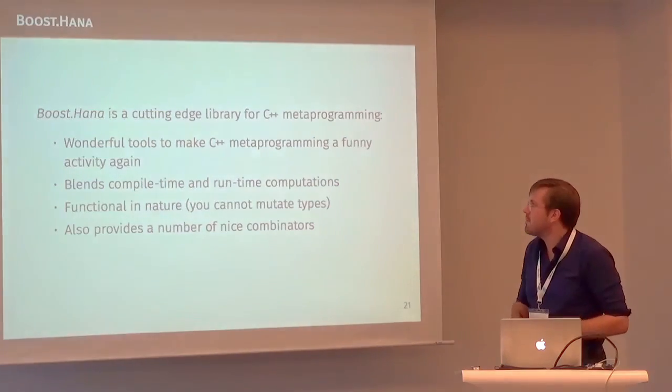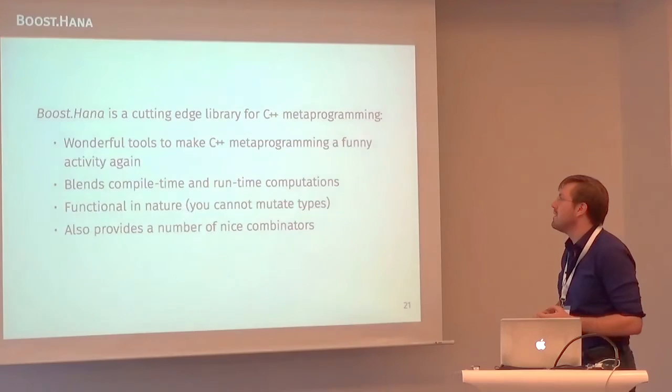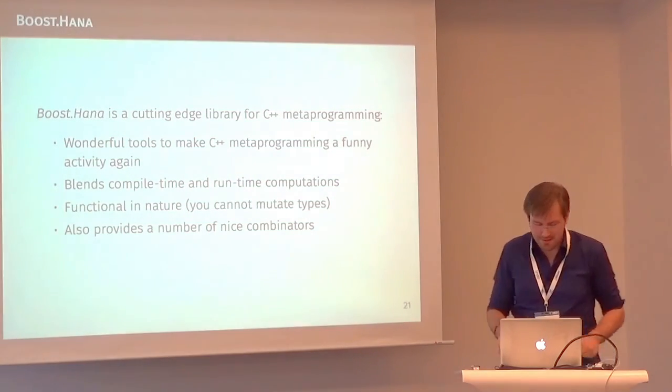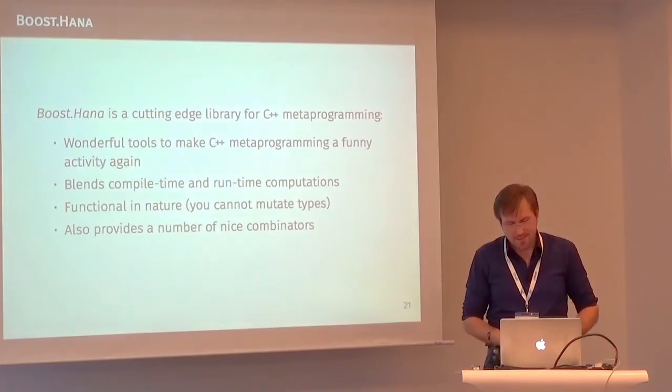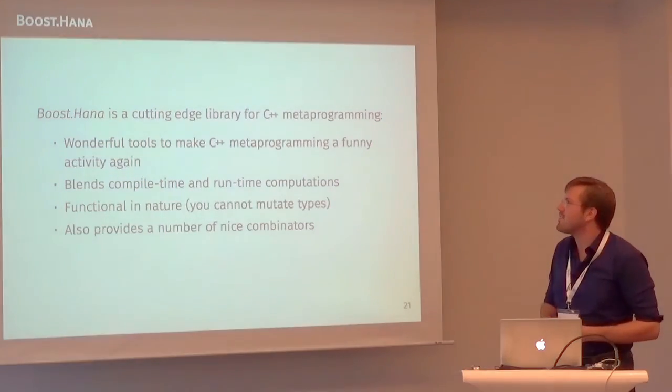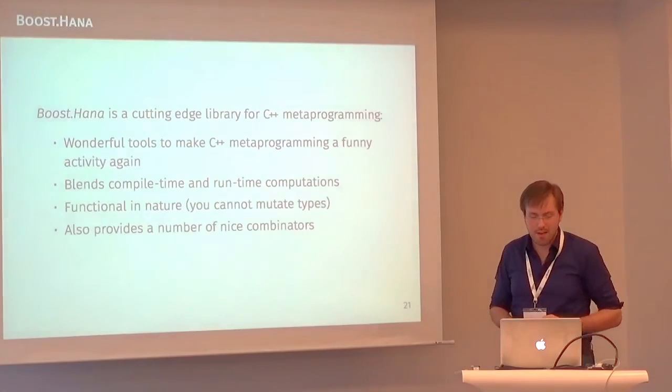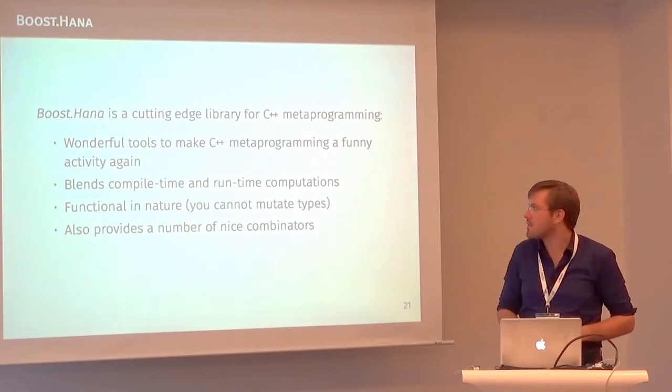Okay, to make other examples, I'll take a look at this library. This is a wonderful library. It's black magic, and I will not talk about Boost Hana deeply because it would take other 2 talks.